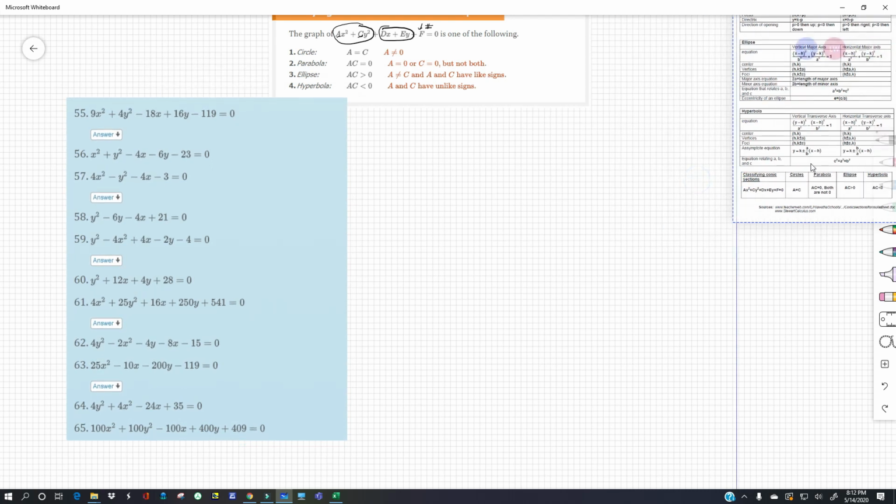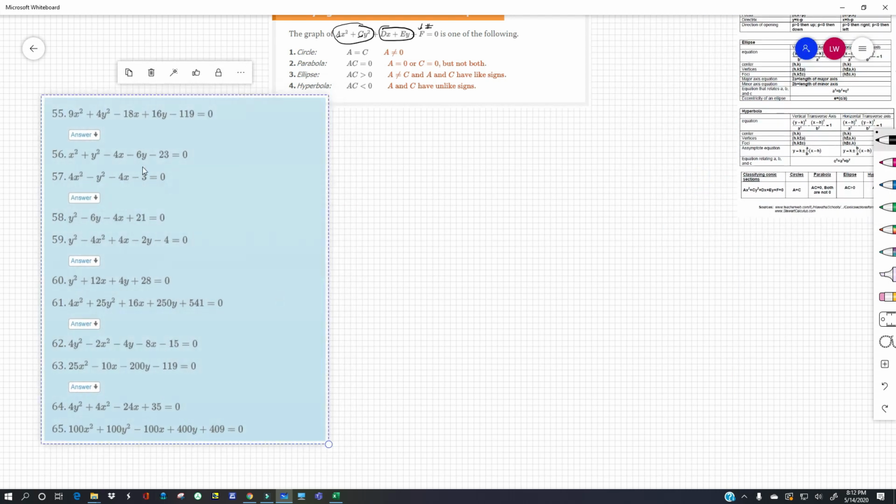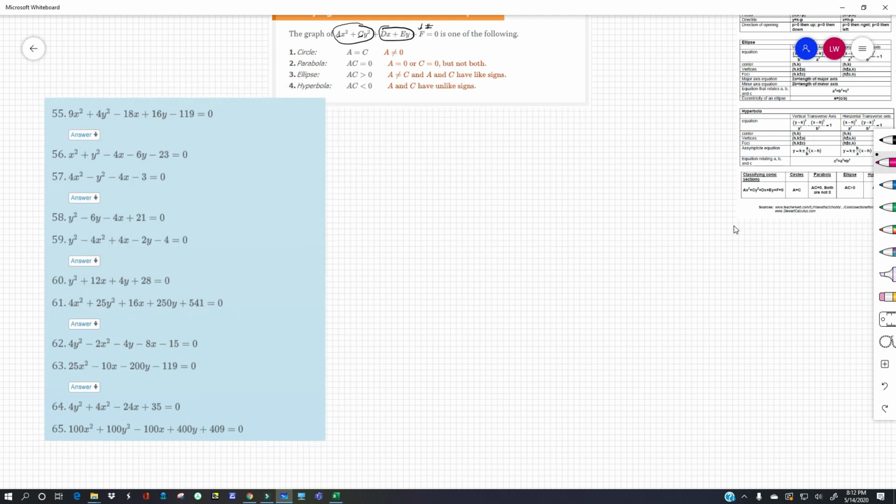You may be asked for number 55, let's say, name that conic section. What is it? And so you say, okay, I'm going to look at my A and my C, right? Well, A is 9 and C is 4, so this is not a circle.